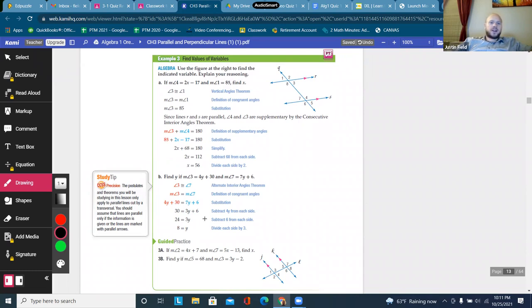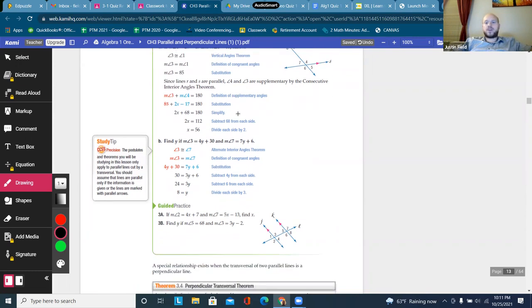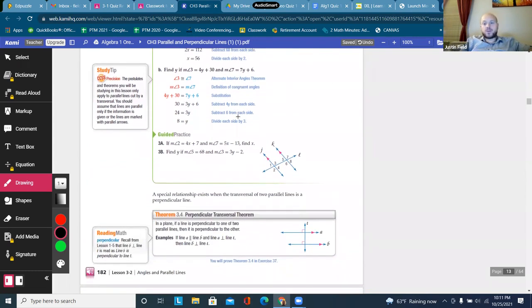Oh, finally, the value of the variables. I love these questions. Okay, if the angles are congruent, then the expressions get set equal to each other. If the angles are supplementary, then we add them to 180. All right, so let's try angle 2 and angle 7.